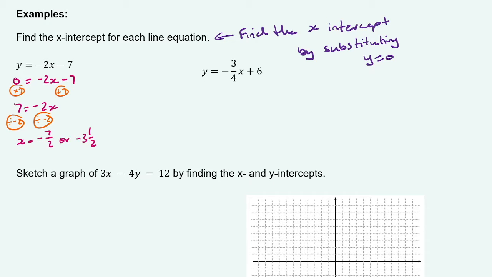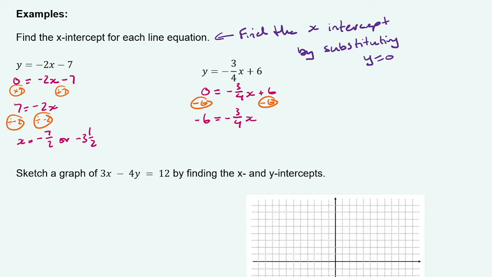Our second example, we're going to do exactly the same way. We're going to put in 0 for y, and now we're going to use those algebra skills we've learnt before. Take 6 away. So now we've got minus 6, minus 3 over 4 x.